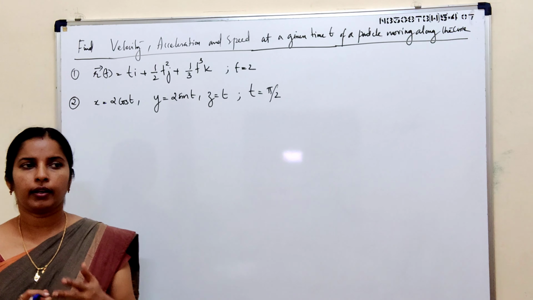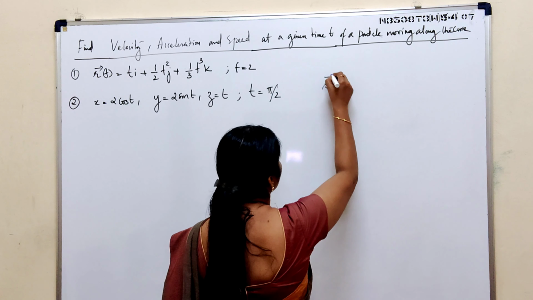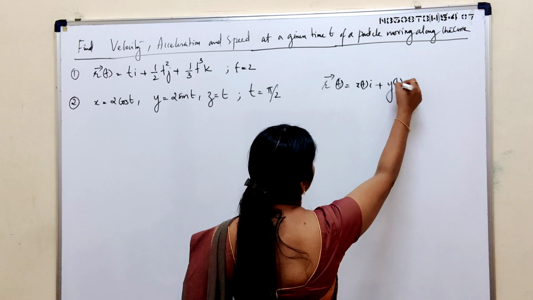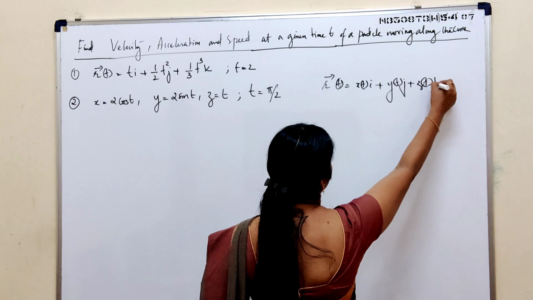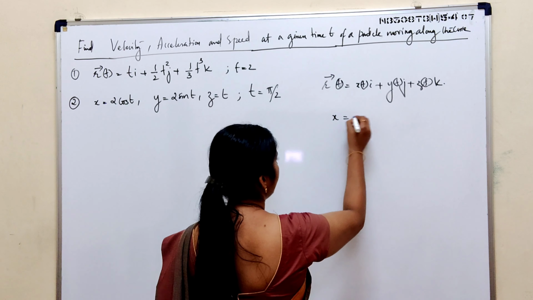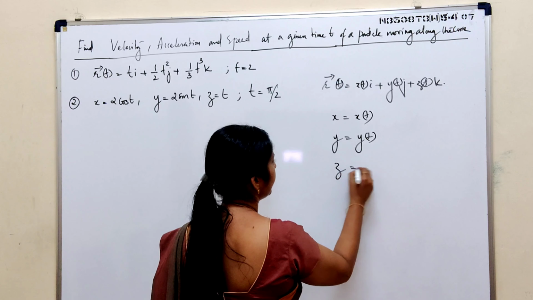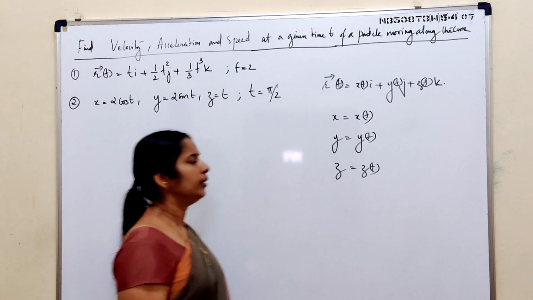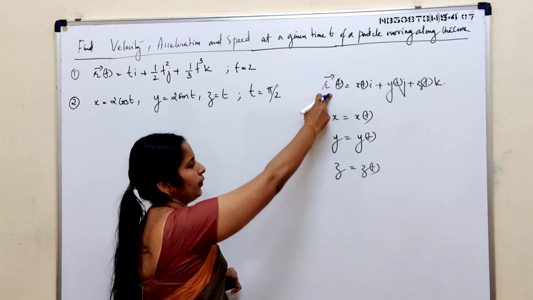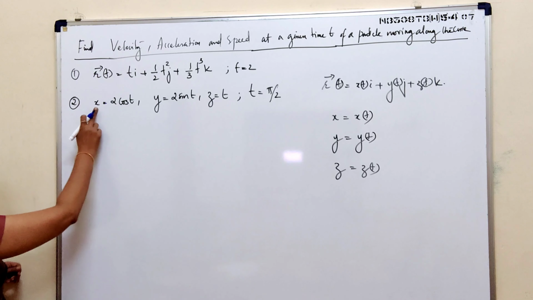In vector form, we can express any space curve as r(t) = x(t)i + y(t)j + z(t)k, and its parametric equations are x = x(t), y = y(t), and z = z(t). So, if the parametric equations are given, you write the equation of the curve in vector form like this.